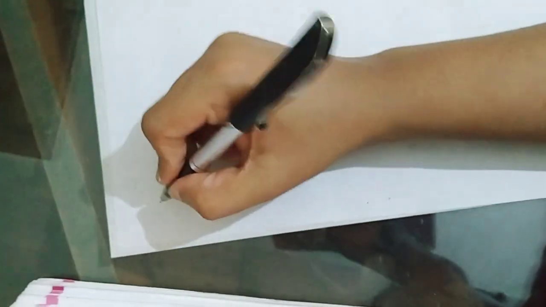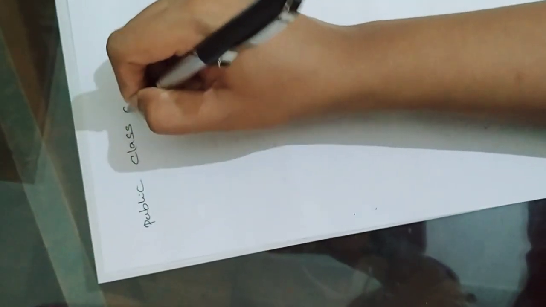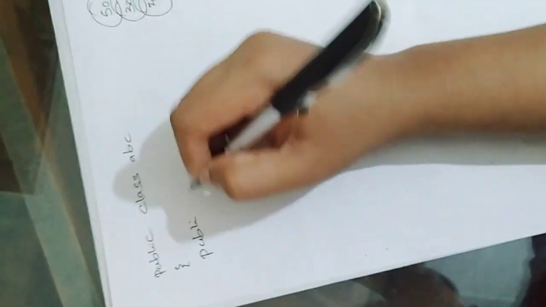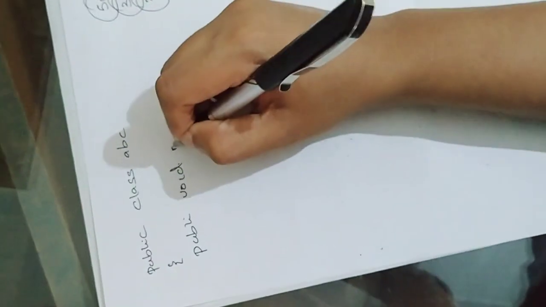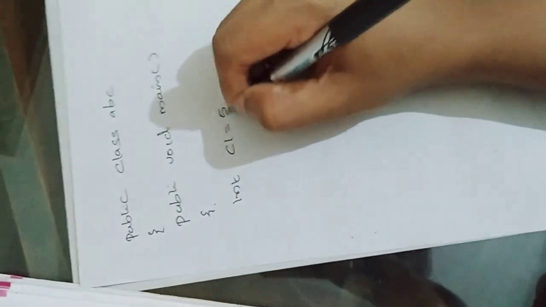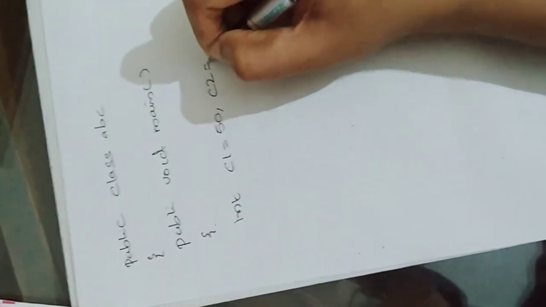So again I start public class ABC, public static void main, you can give any name. Okay, so I need 3 variables to store the cans. So I write int c1 is equal to 50, comma c2 is equal to 30, comma c3 is equal to 40. You can write anything.